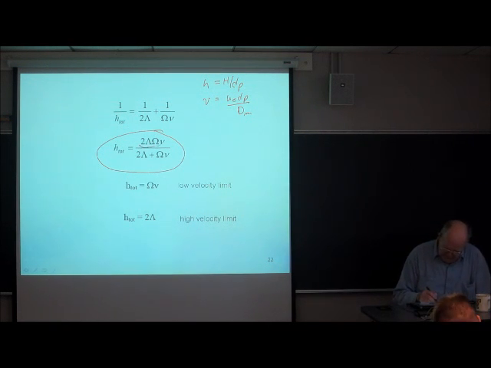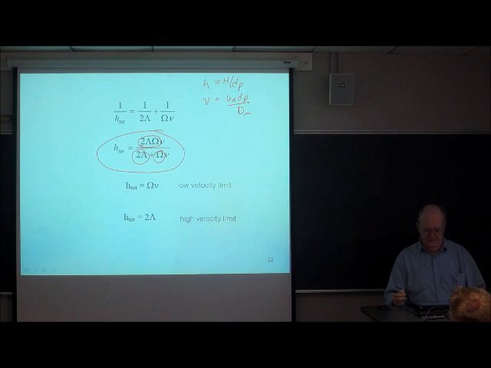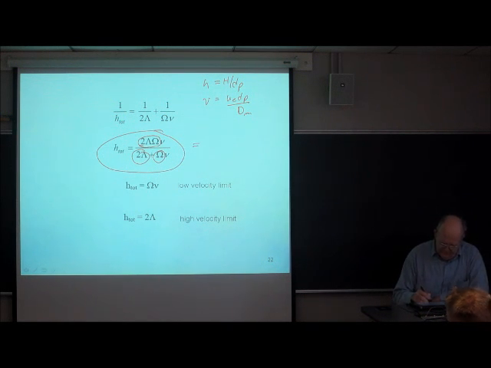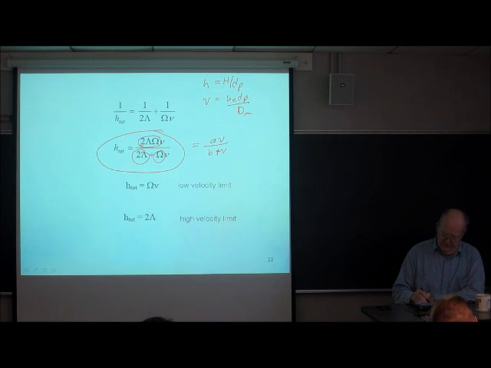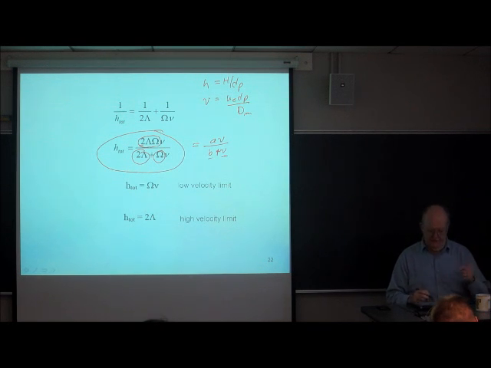So this is a constant, this is a constant, this is a constant. So this has the form A nu over B plus nu. Well, if you look at this form, at very, very low velocity, where nu is less than b, it says that H total is simply proportional to the velocity.